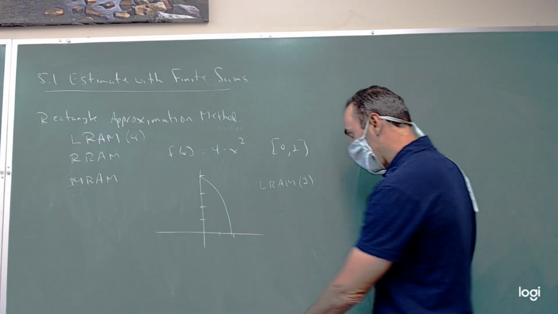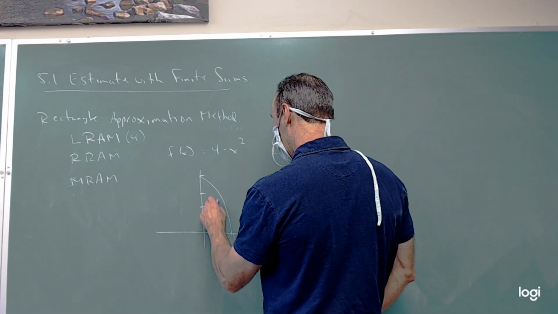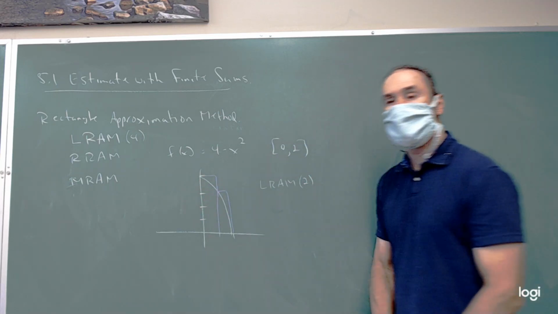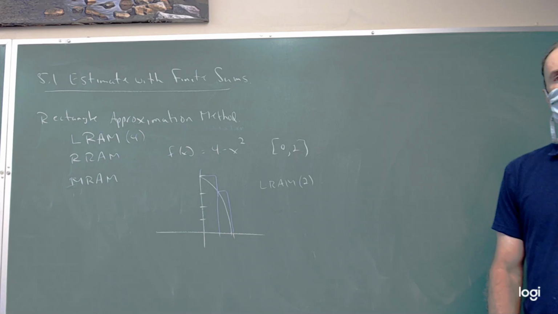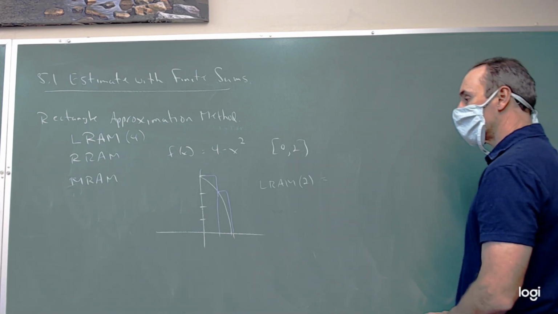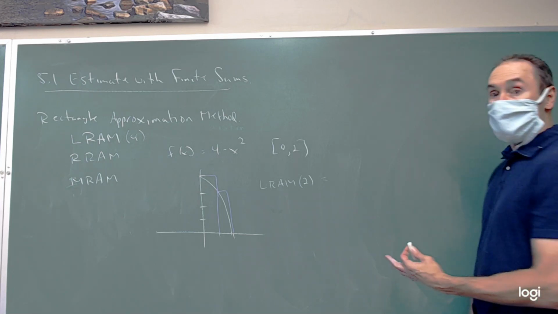And so we would then imagine that we're going to take those 2 rectangles. Does that make sense? And so we would then just find the area of each of those rectangles. So we're going to have to go base times height.